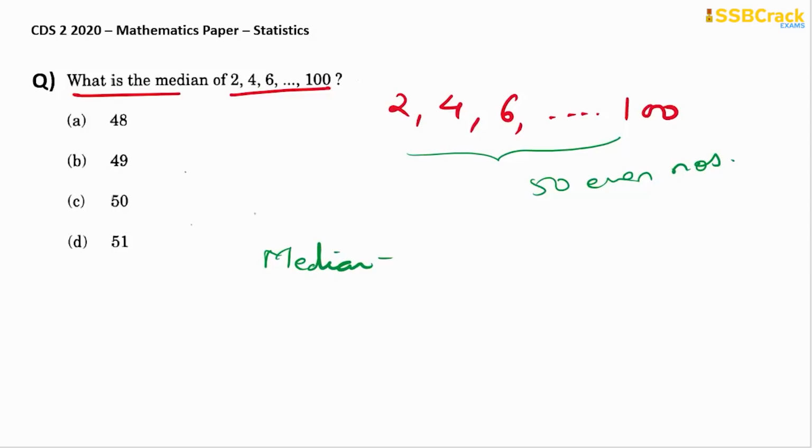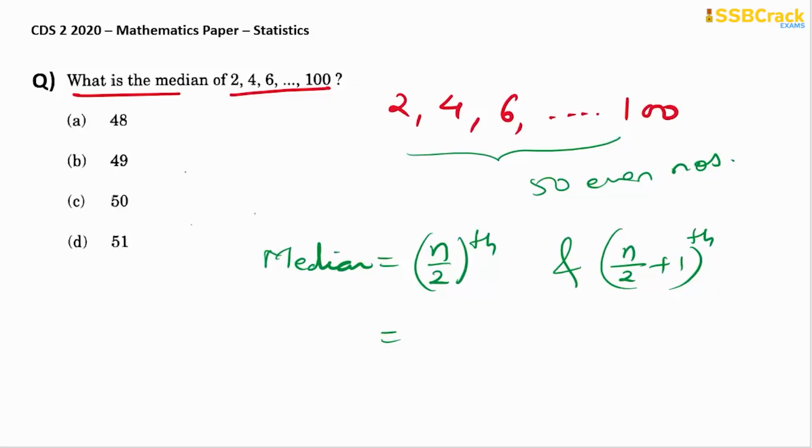For even there will be two medians. One is n by 2th observation and other is n by 2 plus 1th observation. So n is 50, so it will be 25th observation and 26th observation.